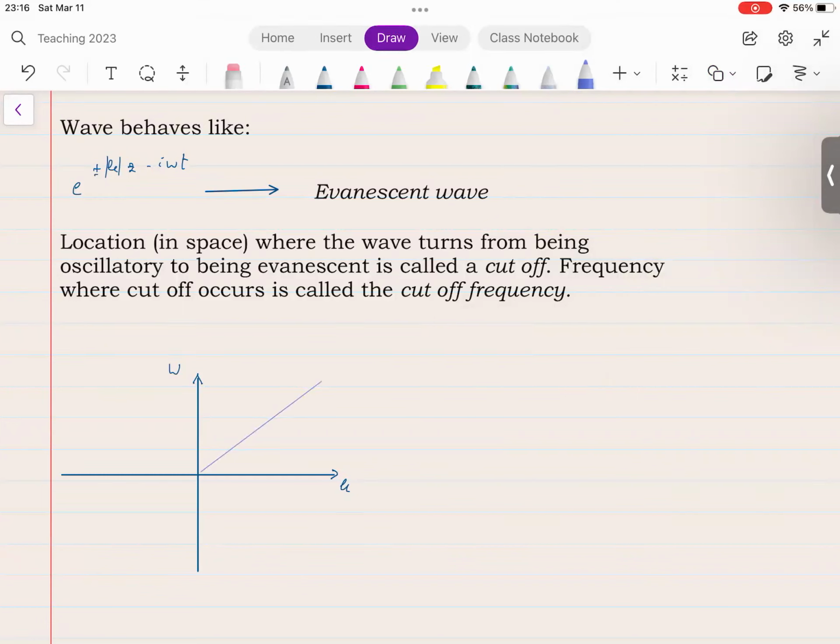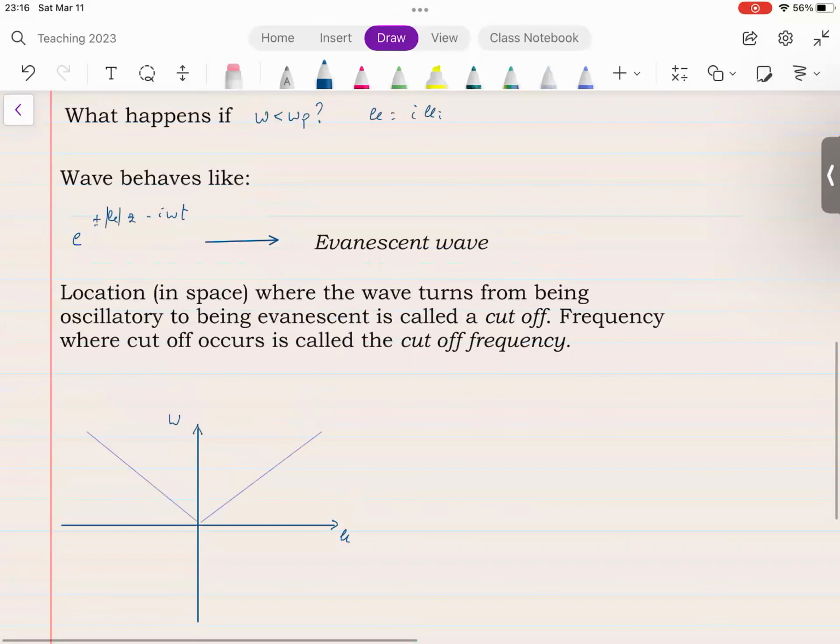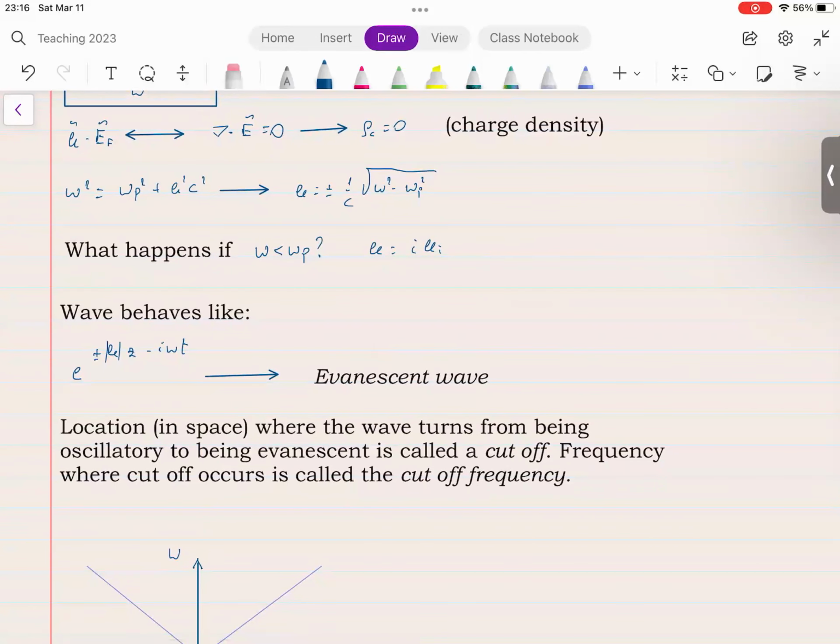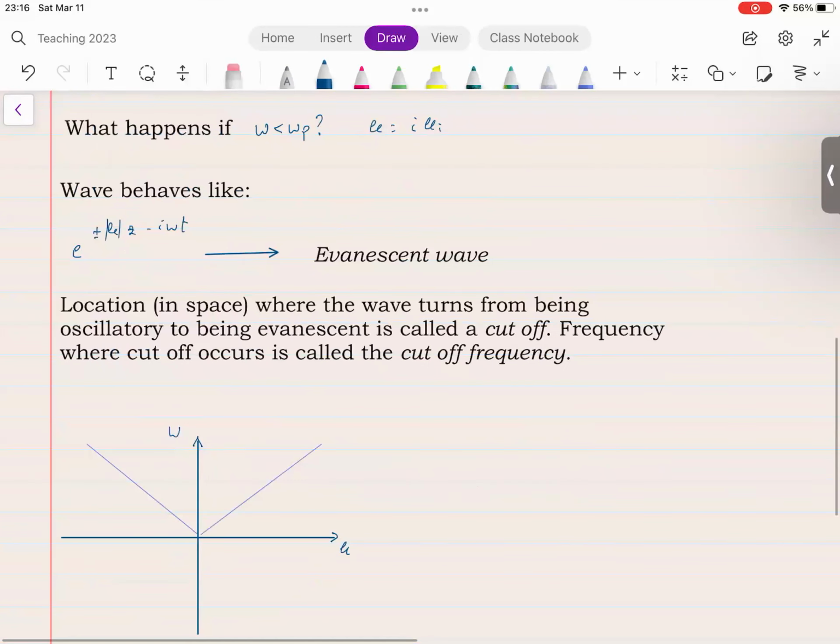Now when k or omega goes to infinity, let's look back up here, then I can neglect omega plasma with respect to omega, and therefore my wave frequency is just going to be approximately equal to c times k.